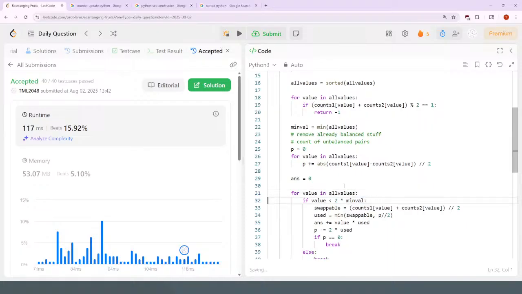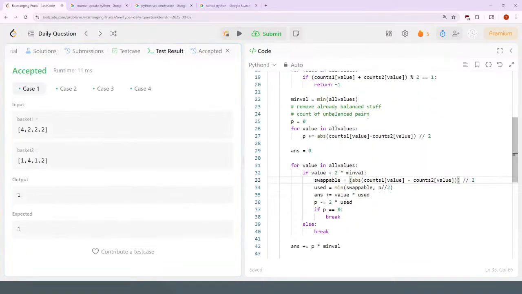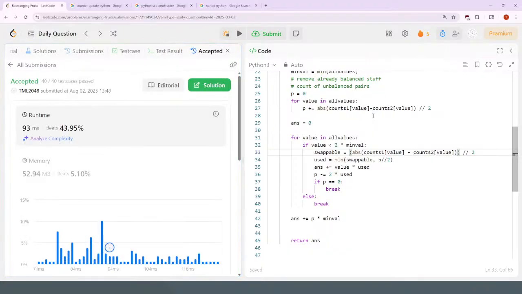If the value is less than 2 times the min value. Yeah. And the swappable in this case is the absolute value of the difference between them, divided by 2. Okay. See if it still works. Alright.